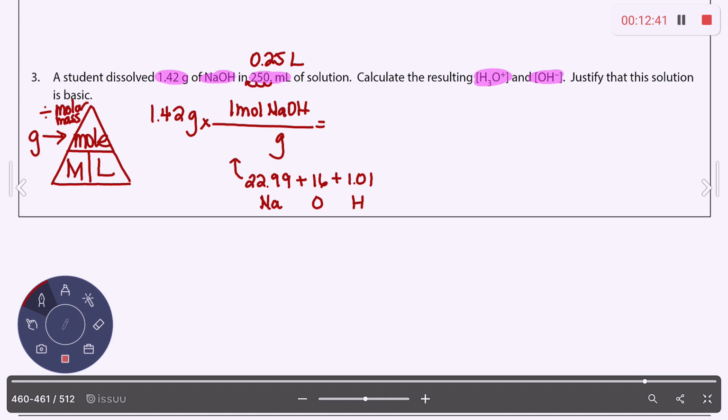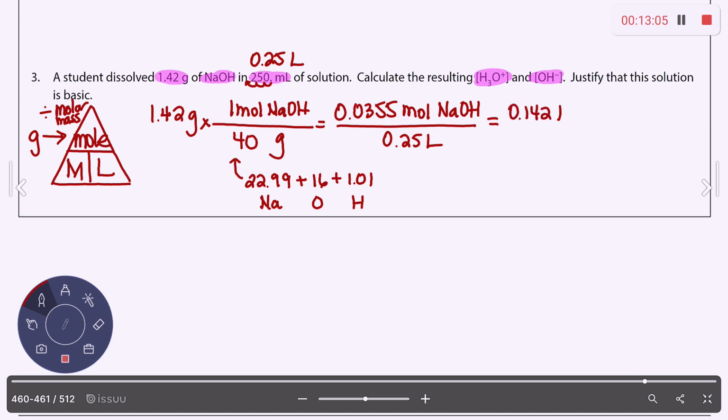Okay, so 22.99 plus 16 plus 1.01. This is 40. So 1.42 divided by 40, I've got 0.0355 moles. I'm not rounding off to anything. I'm just writing out what it gives me. And then you need to divide this by liters so that you can get molarity. So I've got 0.142 molar NaOH, okay?